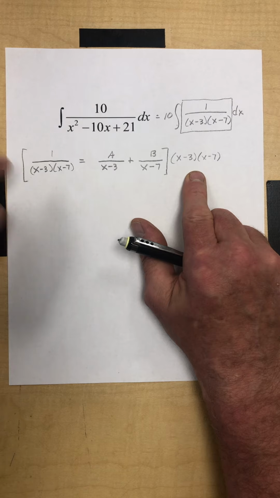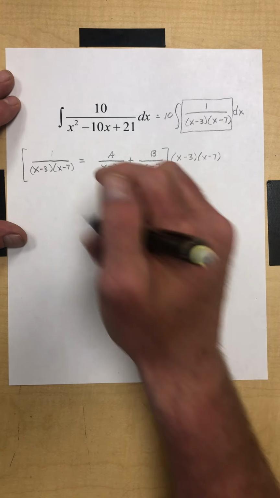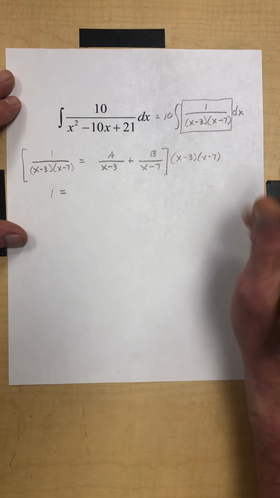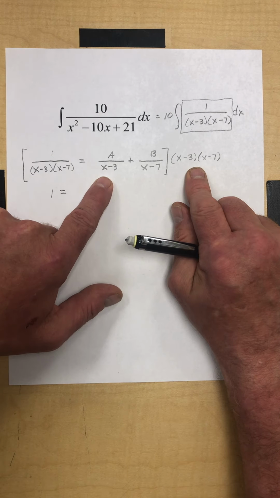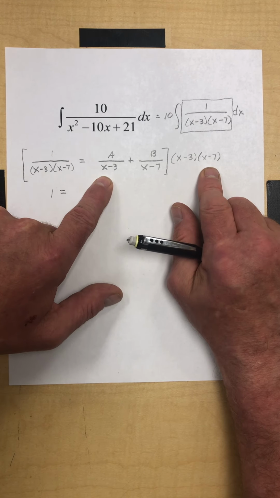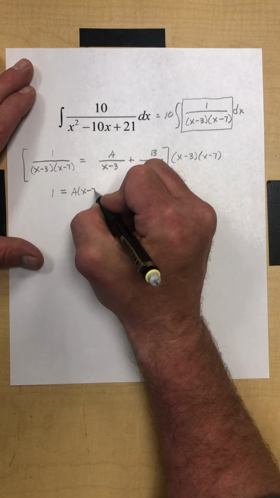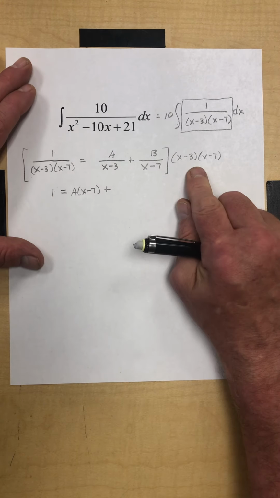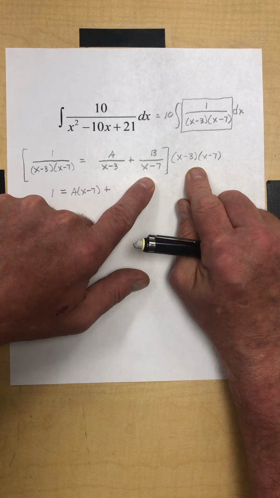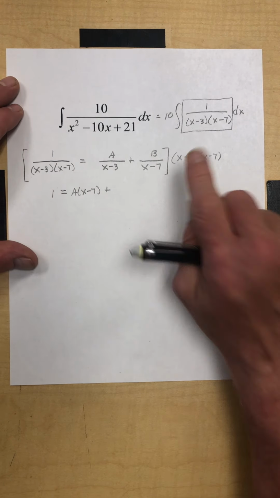Okay, so when I multiply that by this guy, I just get 1. Okay, when I multiply this by this guy, the x minus 3's cancel off, so I get x minus 7 times a. And when I multiply this guy by this guy, the x minus 7's cancel off, so I get the x minus 3 times b.